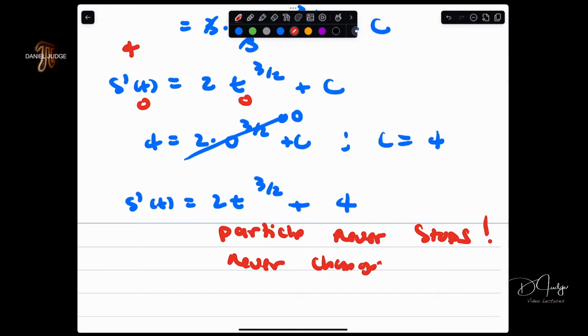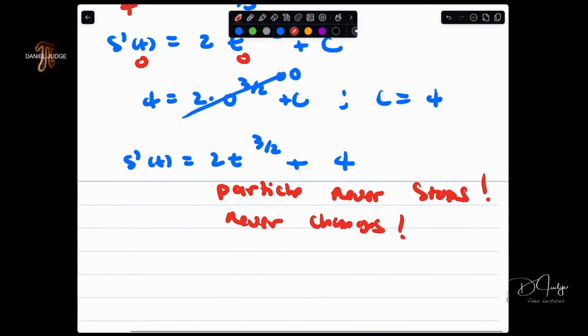If you guys recall, you have to do sign analysis on that first derivative. Looking at a critical value, that is never zero. So your velocity is never zero. That means it never stops. If it's not stopping, it can't change direction.